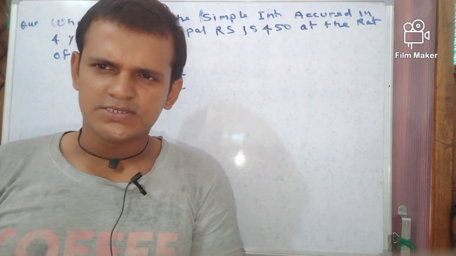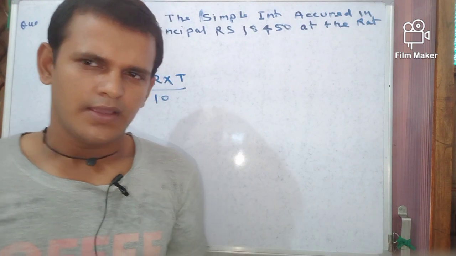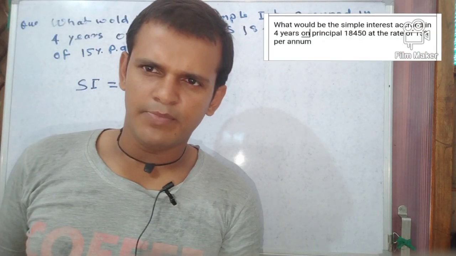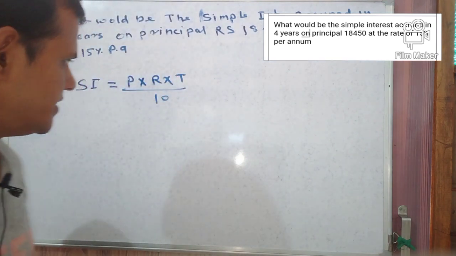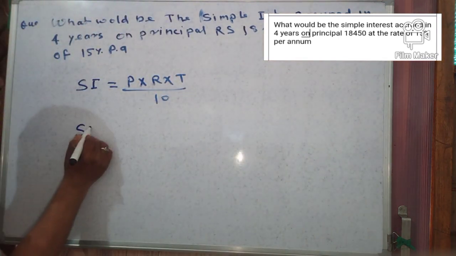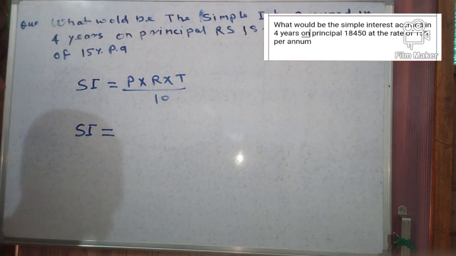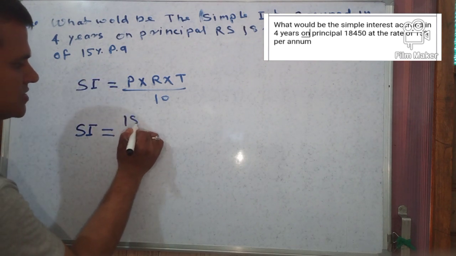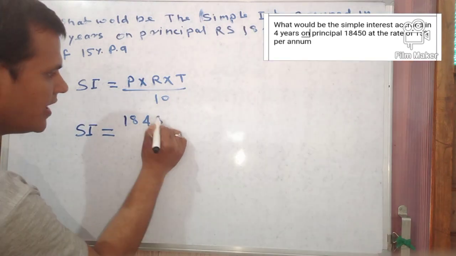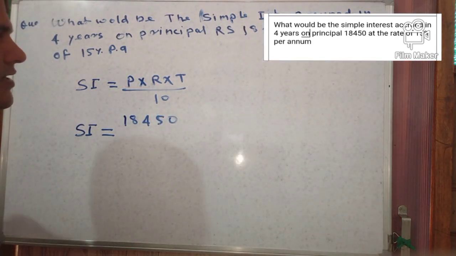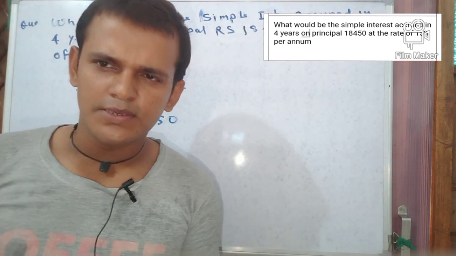So friends, see here very carefully and keep pen and paper with you. So solve it. Simple interest, substitute the values here. P is given 18,450.